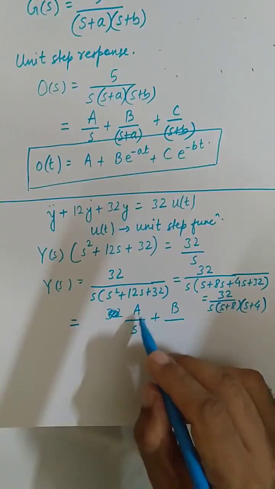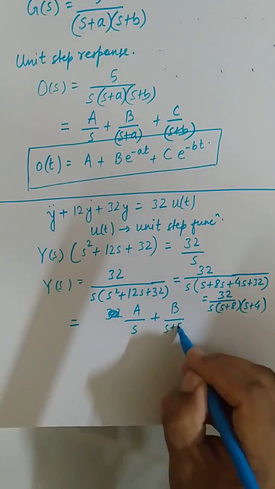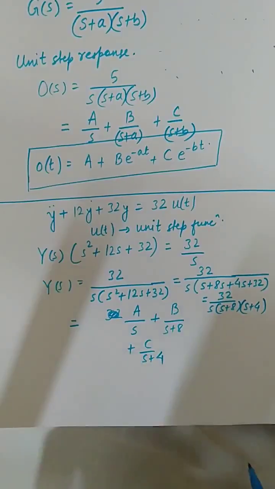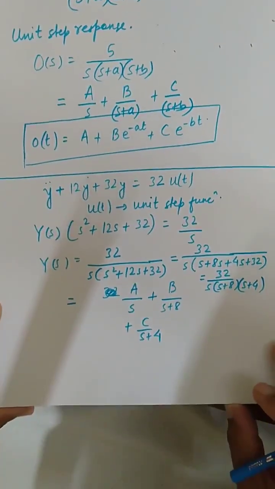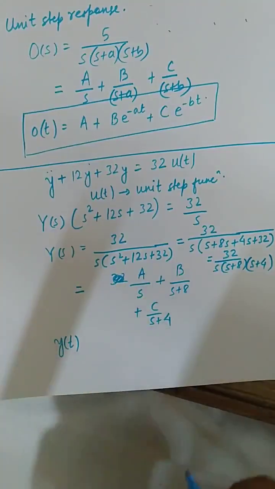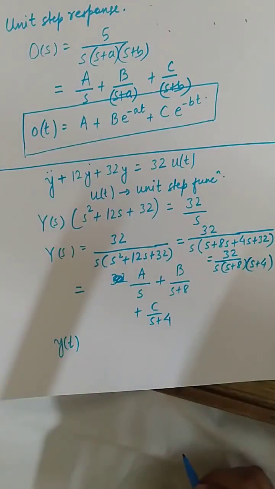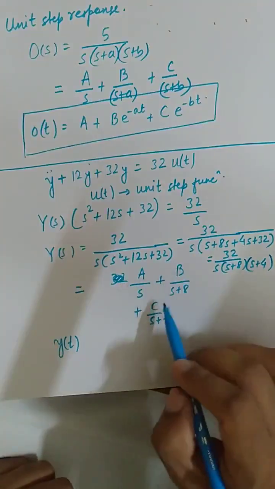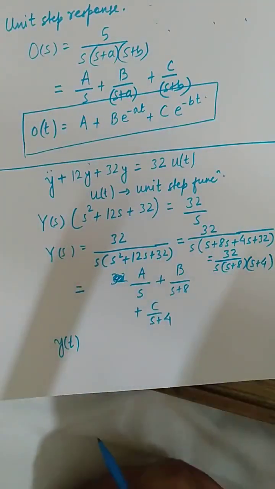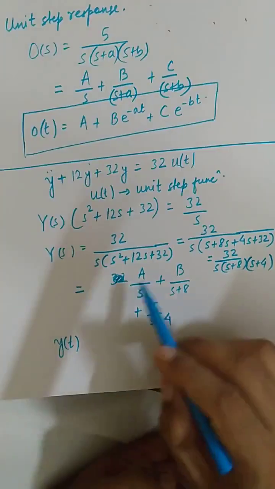So this will be A by s, plus B upon s plus 8, plus C upon s plus 4. These are the partial fractions, and you can find A, B, C, right? Yes, in the last video we saw how to find A, B, C. You multiply this on both the sides and then choose different values of s and find A, B, C, right?